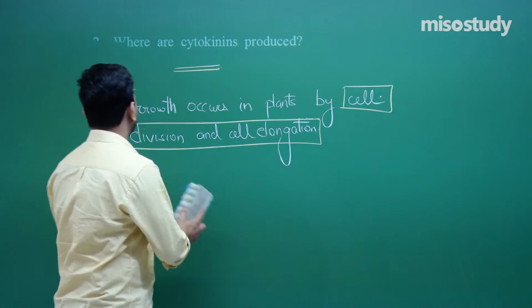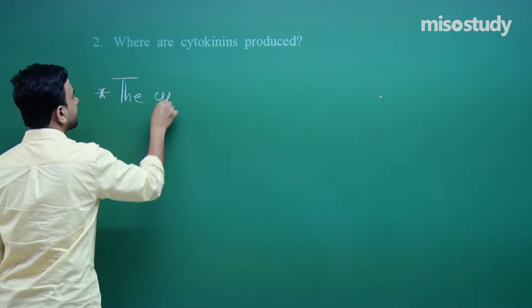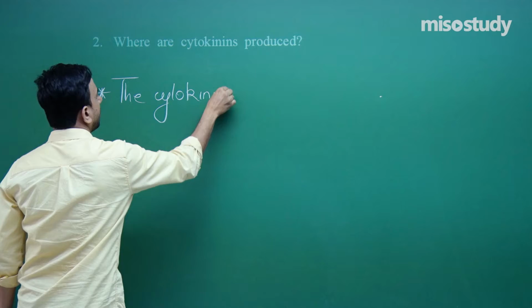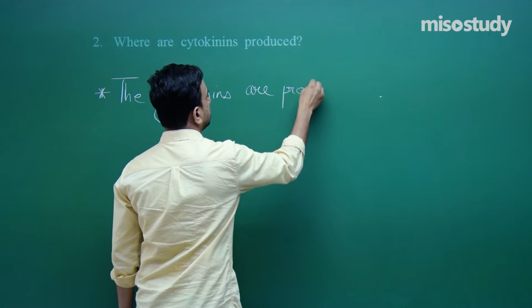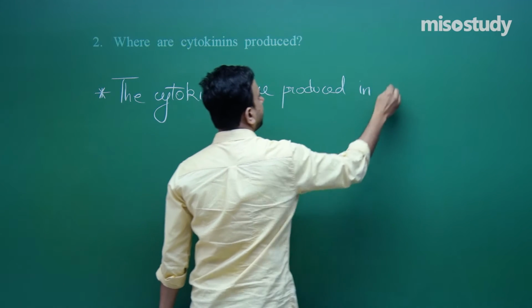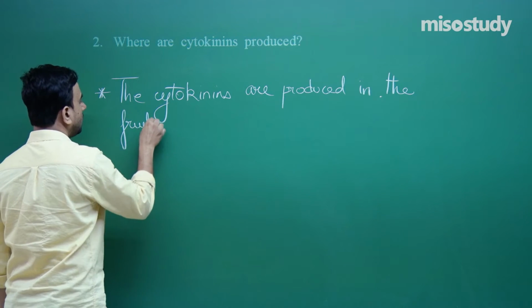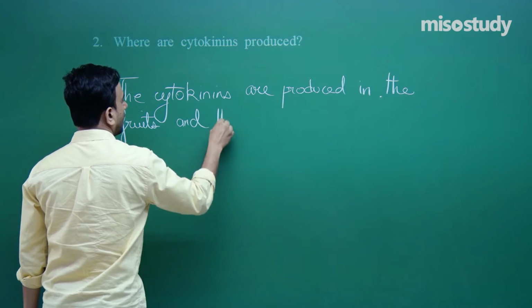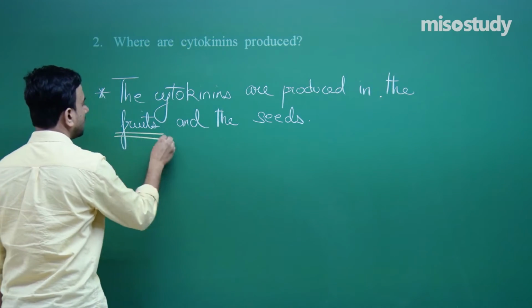Right, absolutely. The cytokinins are produced in the fruits and the seeds, right.